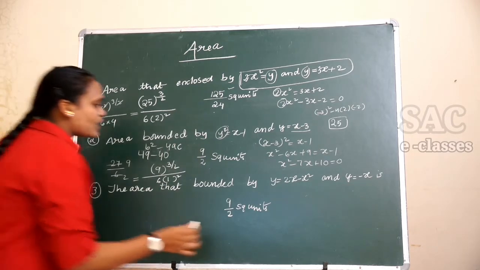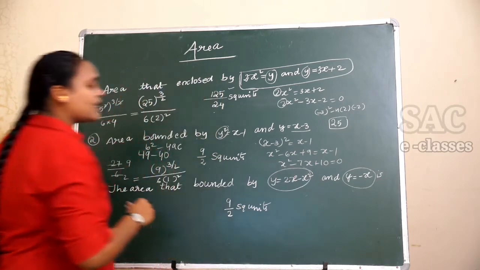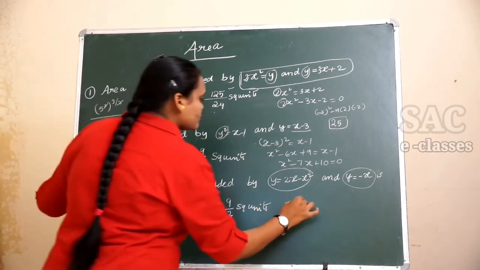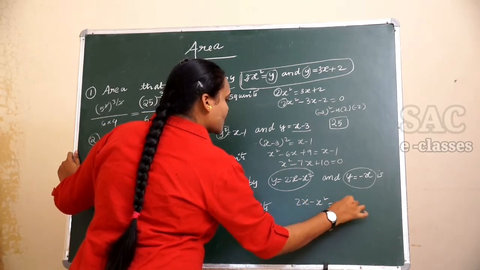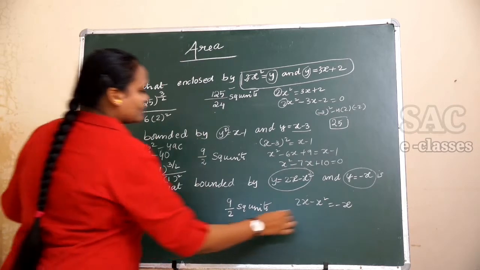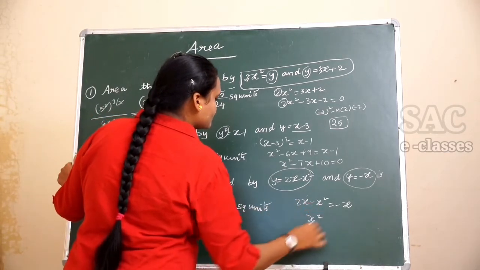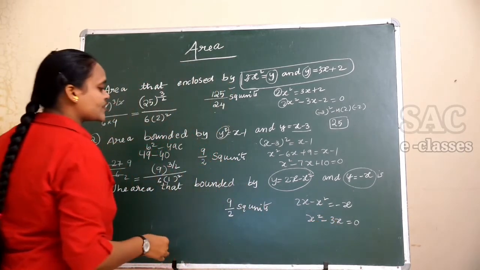Now observe how we find the area enclosed between a parabola and a line. It is 2x − x² = −x. As usual, you get x² − 3x = 0. Find the discriminant.